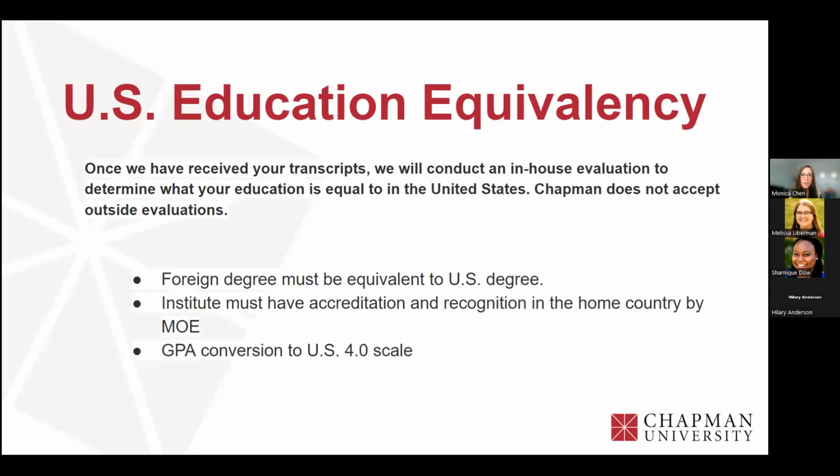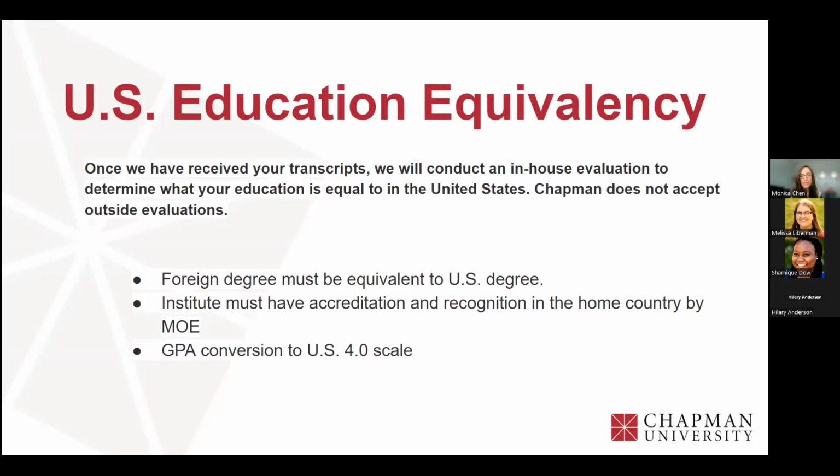And lastly, we will take your GPA or all of your grades and convert it to our US 4.0 scale. So we do want you to be evaluated equitably against all other applicants from all other nations and the US. And so we convert everyone to the same 4.0 scale.